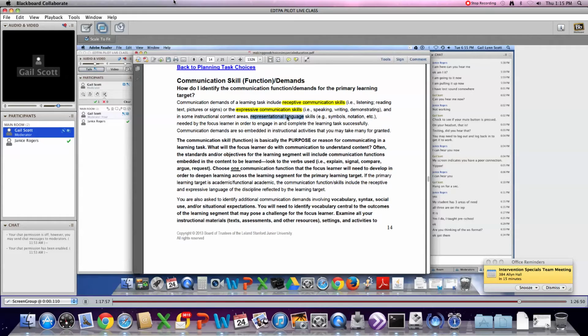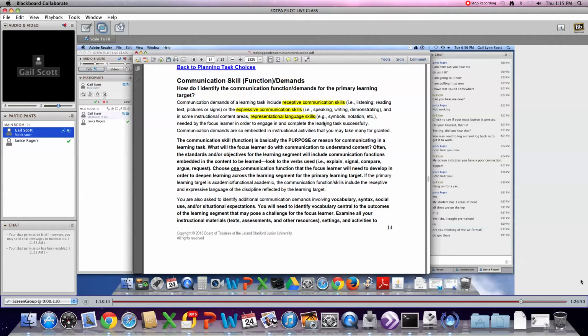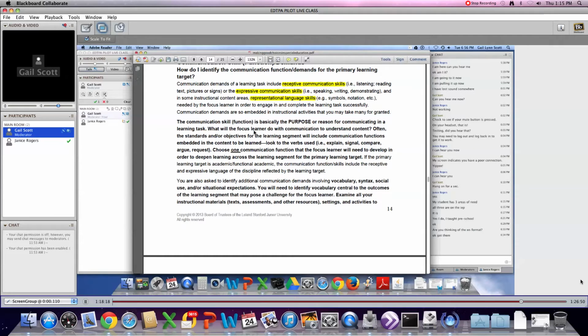And in some cases, there's special words and ways we talk about the subject area. In math and in science, there are special notations and symbols, okay? And they have to know how to correctly use those notations and symbols to write about or express about the content, okay? The communication skill or function is basically the purpose or reason for communicating during the learning task.